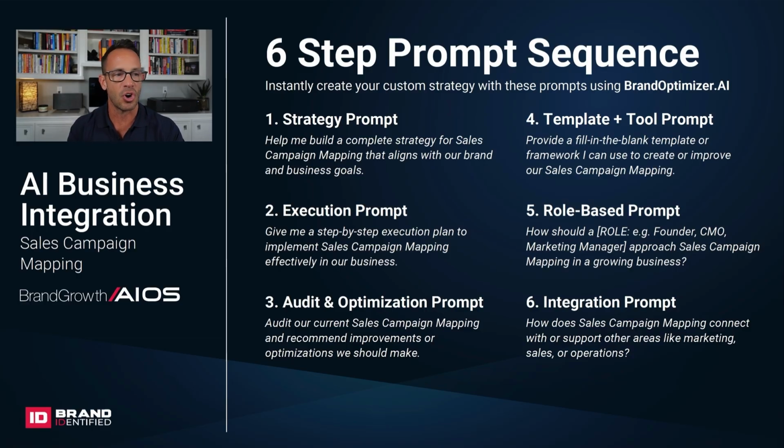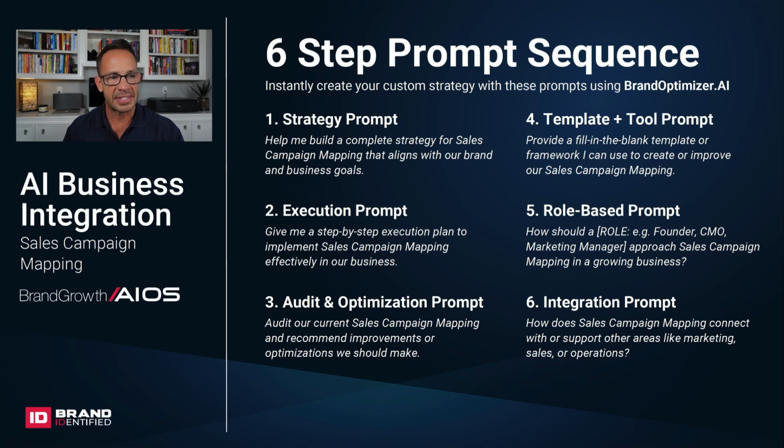Prompt number 3 is your audit and your optimization prompt, and that is: audit our current sales campaign mapping and recommend improvements or optimizations that we should make. Prompt number 4, this is your template and your tool prompt, and that is: provide a fill-in-the-blank template or framework that I can use to create or improve upon our sales campaign mapping. Prompt number 5 here, this is your role-based prompt.